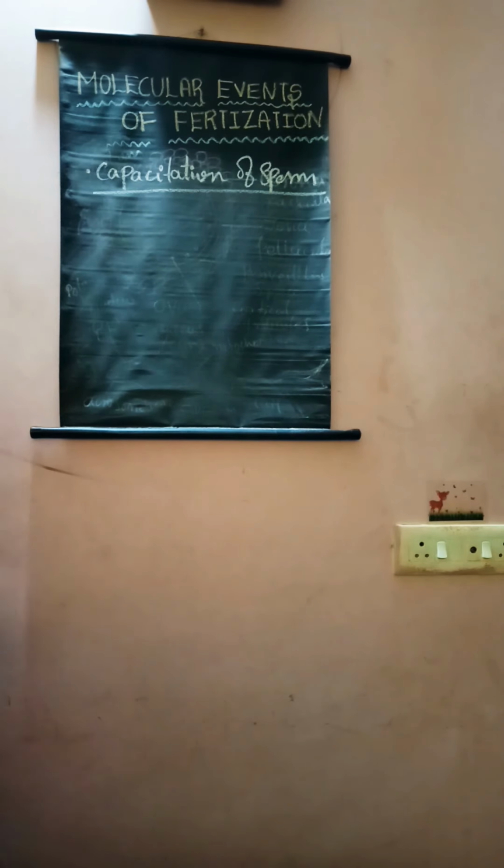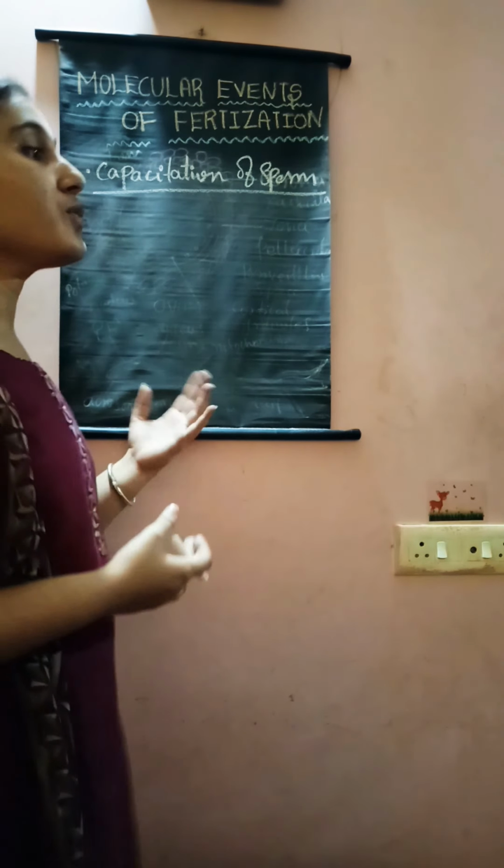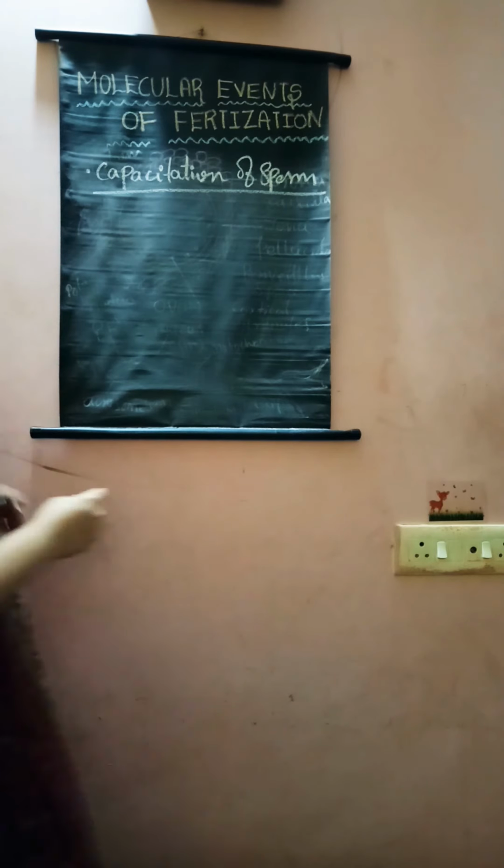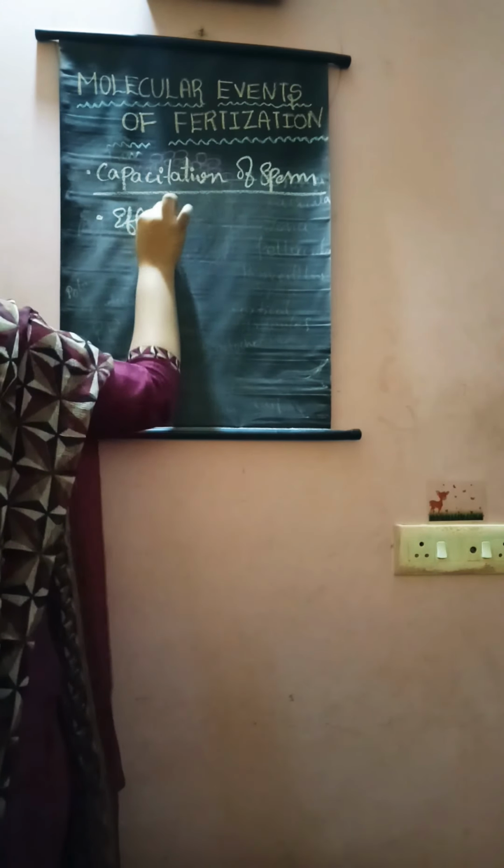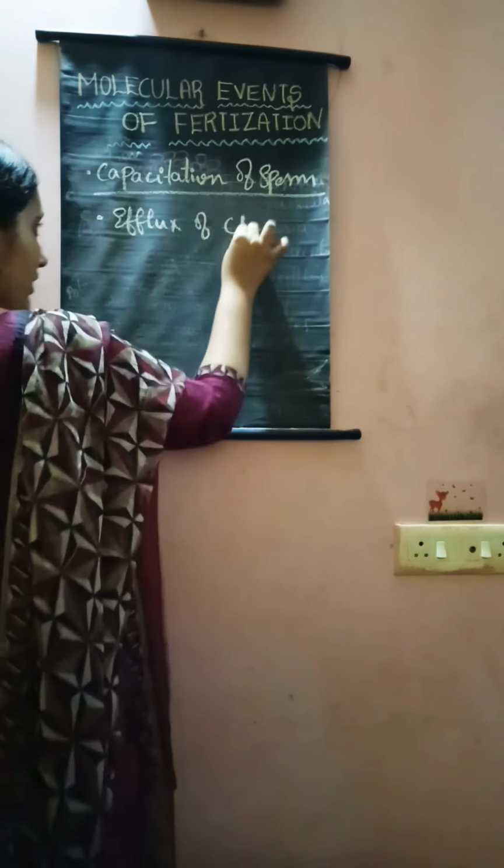When a sperm is freshly ejaculated, it has a poor ability to fuse with an egg cell. It has to undergo several modifications. When a sperm cell is produced, it is covered by a layer of cholesterol, and in the capacitation process it will undergo efflux of cholesterol.